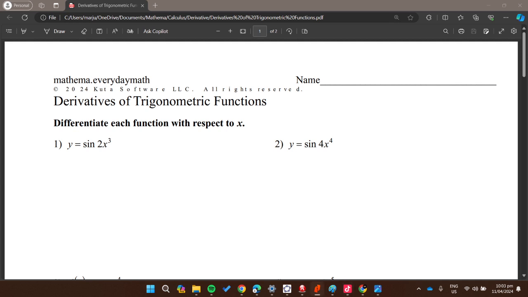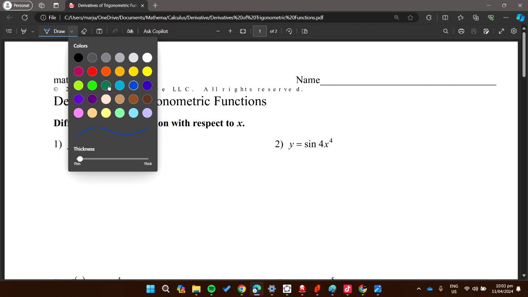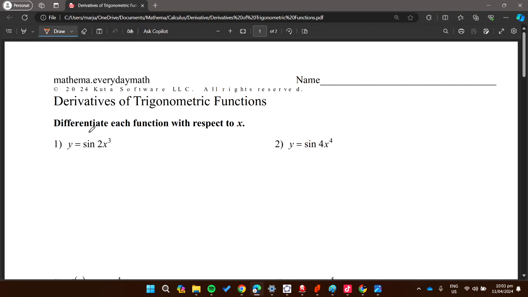Chain rule muna. Alright, good. So what is the derivative of the inner function?